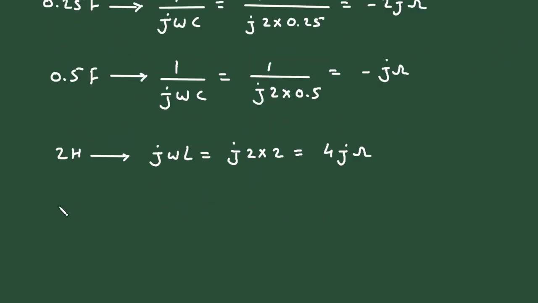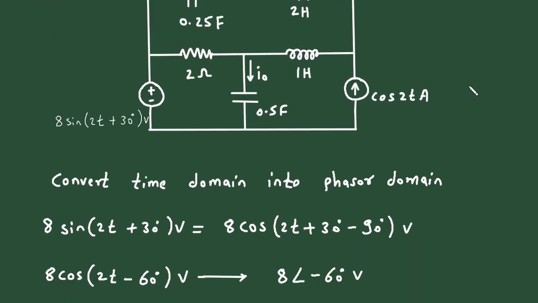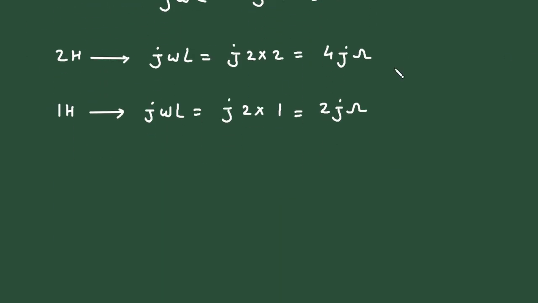So, this 1 Henry will change to j omega L. So, j into omega value is 2 into inductance value is 1. So, 2j ohm. Then next cos 2t ampere. So, cos 2t ampere will change to 1 at an angle 0 degree ampere.